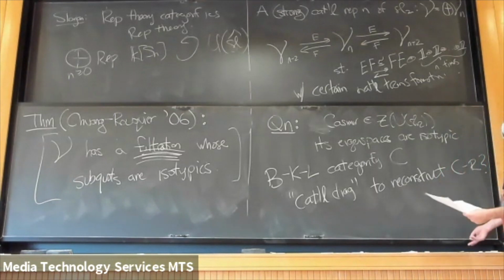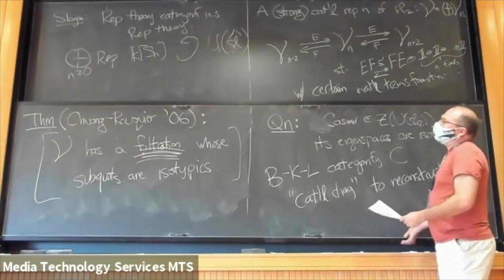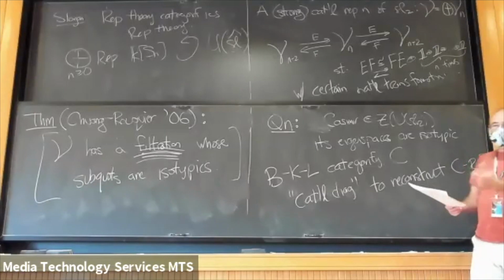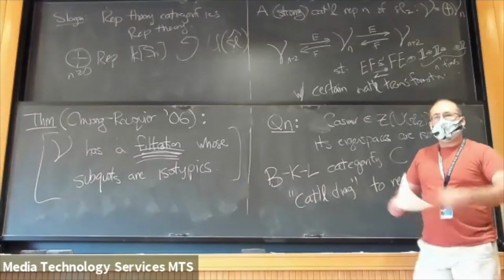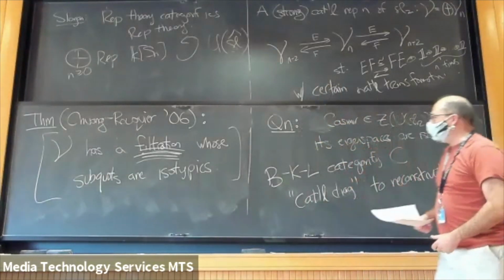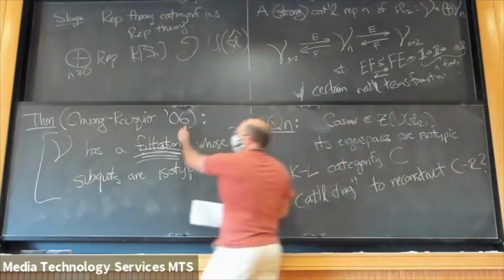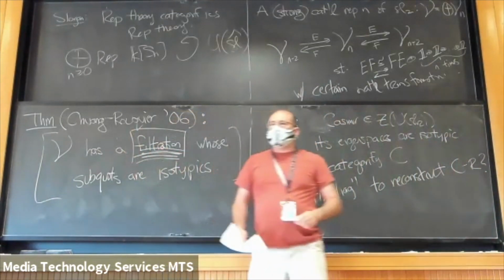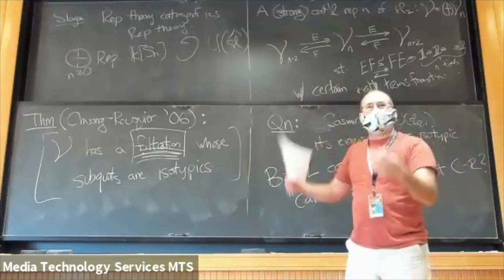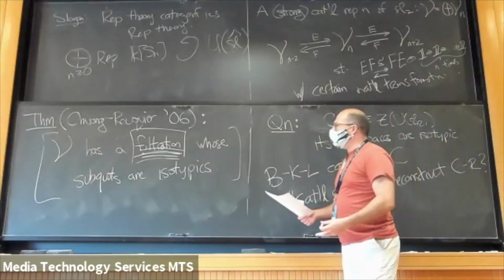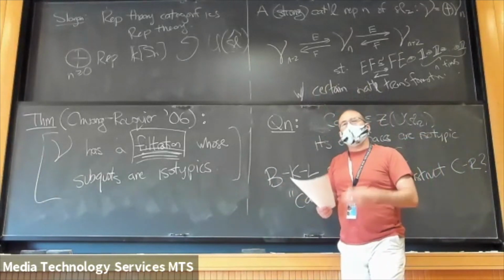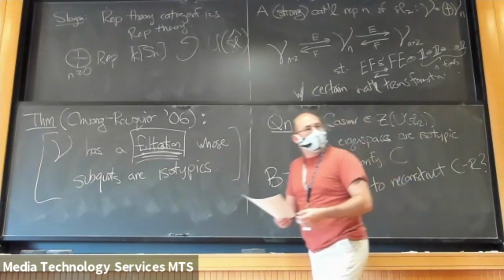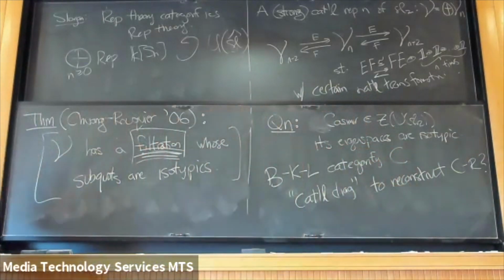But I mention this whole thing because it tells you what you might expect. If I'm going to take that theorem from the beginning of the lecture and try to lift it to something about functors, I need to have a filtration. So you should expect that if you have a functor acting on a category diagonalizably, then maybe you have a filtration by eigenspaces.